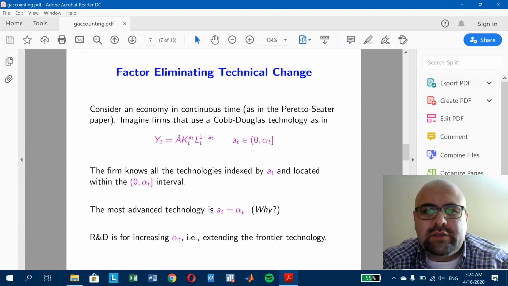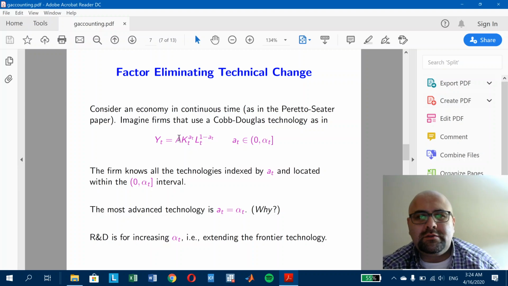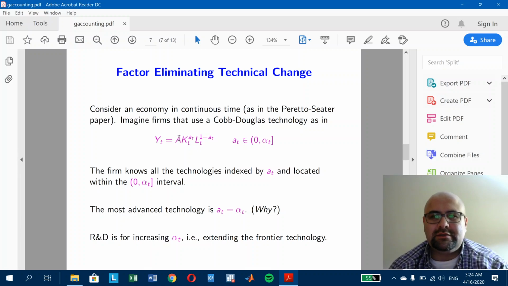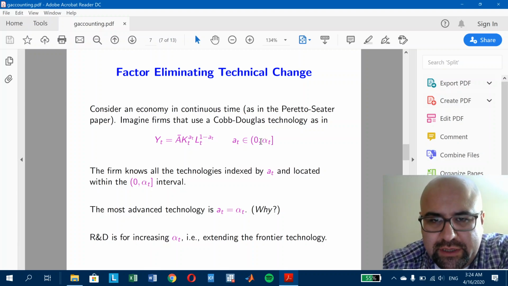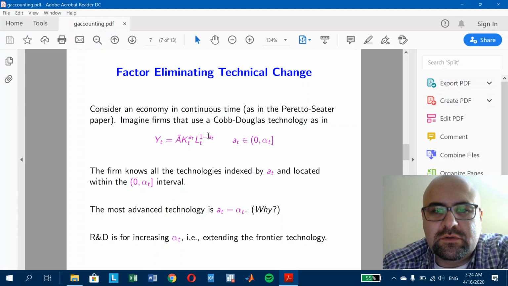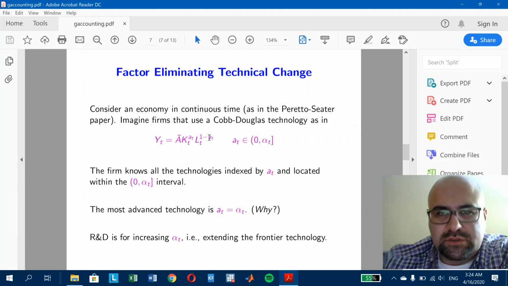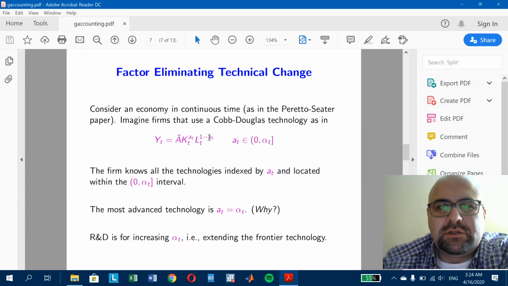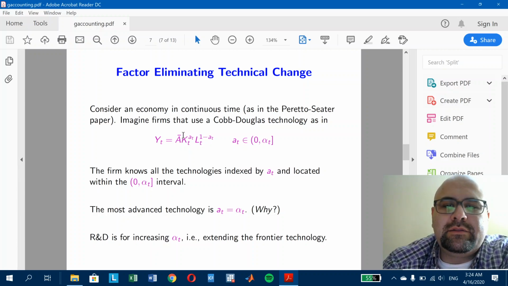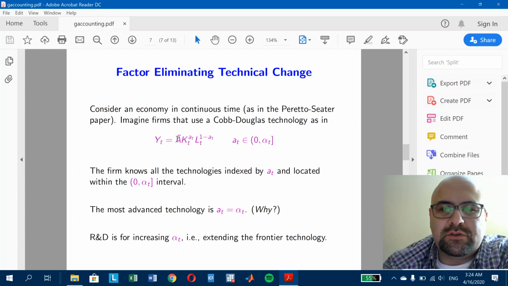The entire problem of the Solow model is that the model cannot explain long-run growth, and the reason behind this is diminishing returns with respect to capital. But if firms can increase a_t to 1, to the most advanced technological setup, then this production function becomes the AK model. So that's the idea.